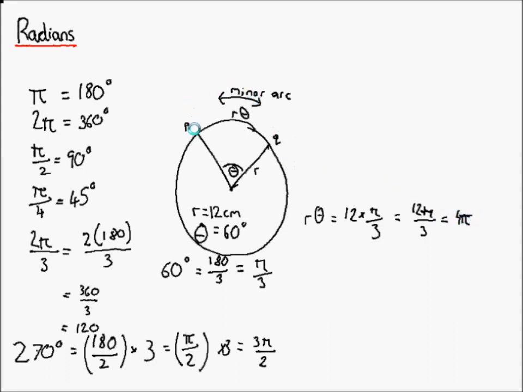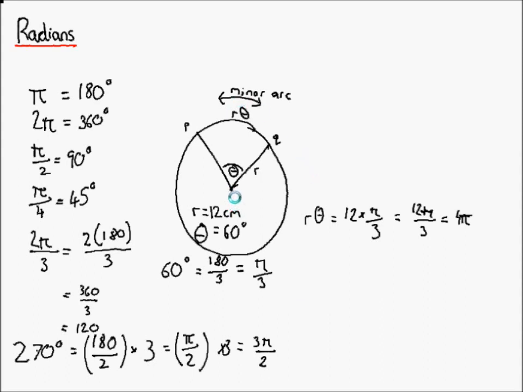That is the length of that arc. And that is why it's a lot easier to work in radians, because that will be exact. Whereas with degrees you may have to round to significant figures or decimal places, but with radians it's exact because it's in terms of pi.